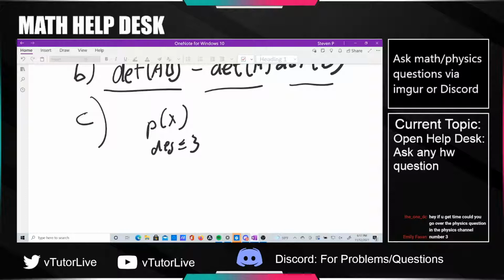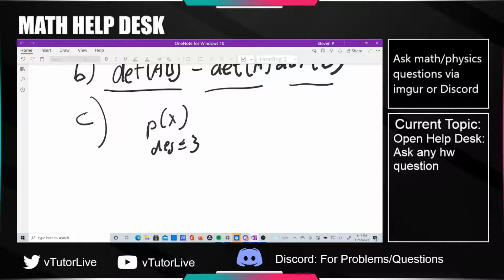Sorry, let me look at this linear algebra thing. What page is it on? Linear interpolation, page 163. Yeah, you've got a theorem guaranteeing the existence of a unique polynomial, so use that.